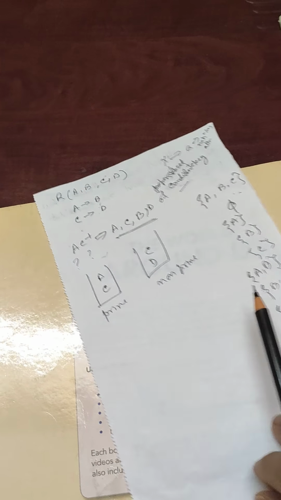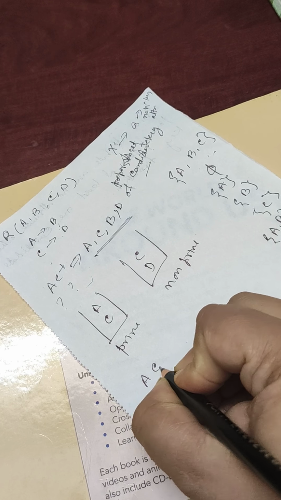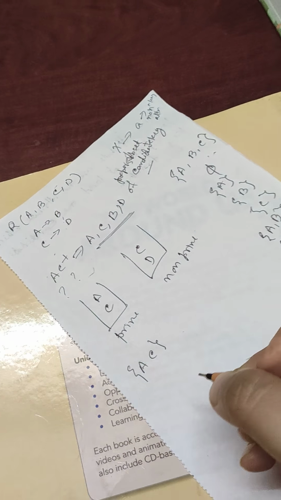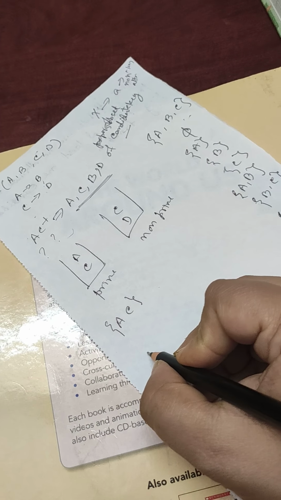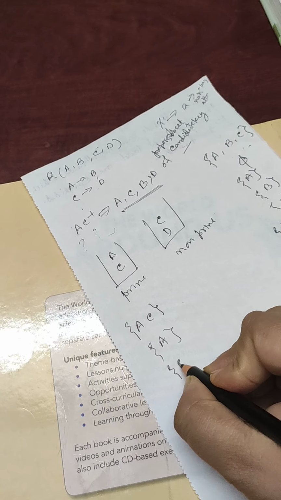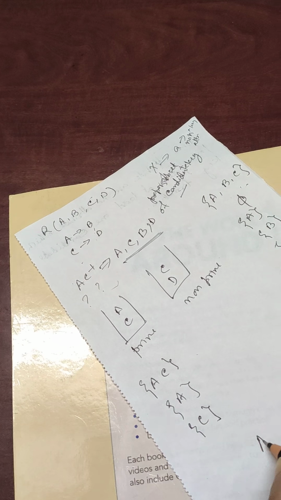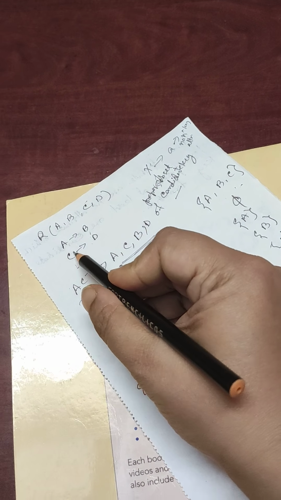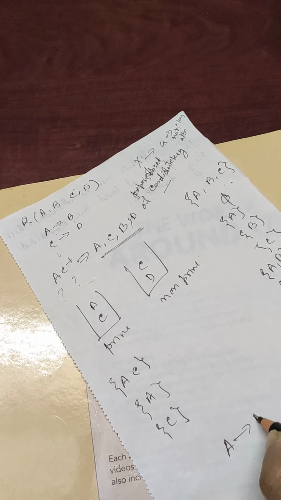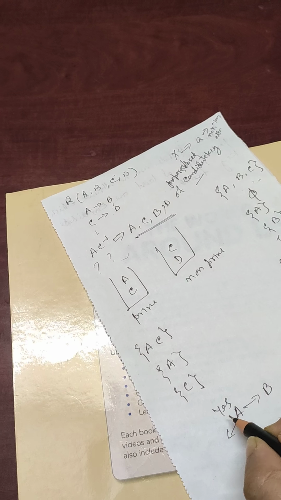Okay, it is clear. Now if AC is our candidate key, what are the proper subsets of the candidate key? A and C. So take one of the functional dependencies, A determines B. Is the left hand side a proper subset of the candidate key?